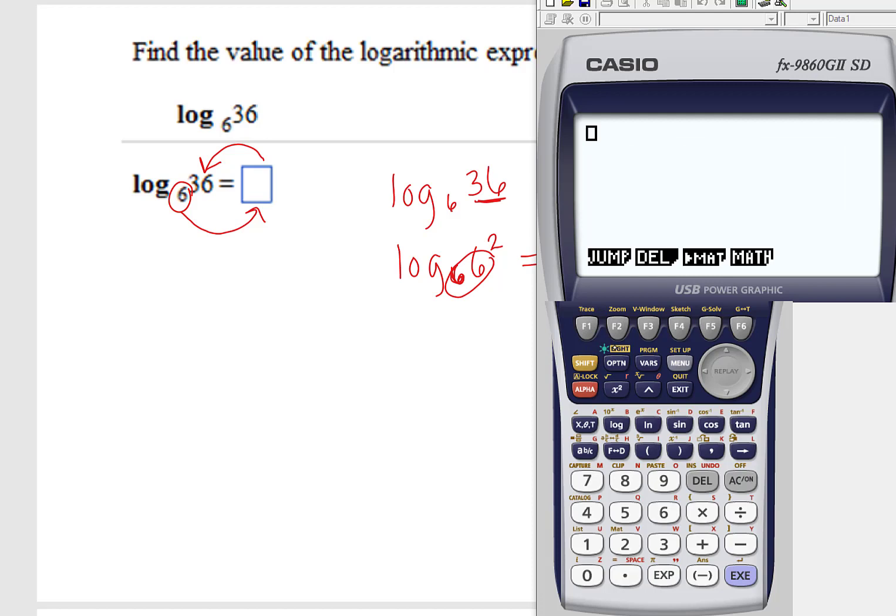From this main screen, you will press Math, F4, and then see the second option, you'll see log AB. So I'd press F2 and there's my setup for log. So I could just plop in 6, arrow over, plop in 36, and boom, my answer's 2.